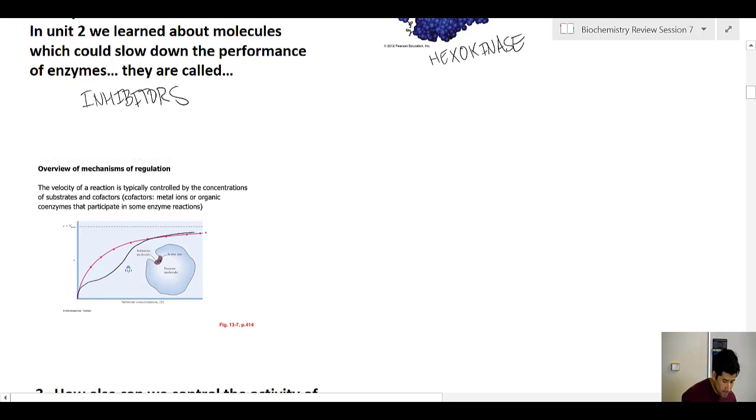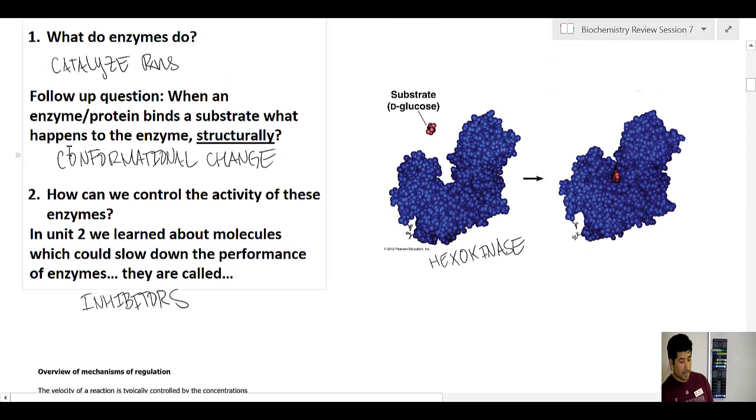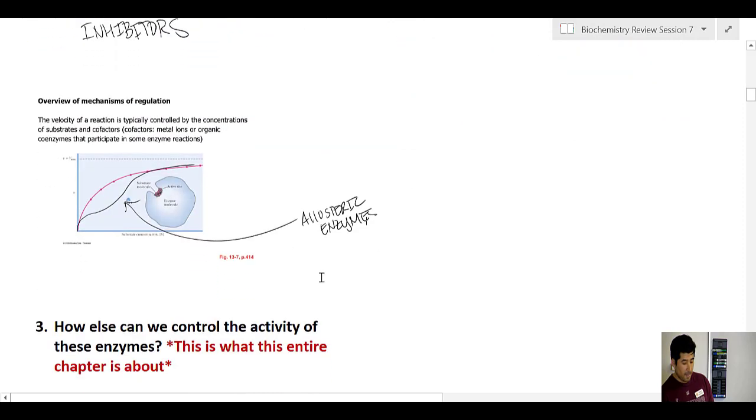And this is what again? These are allosteric enzymes. All right, and what we just talked about, conformational changes, this is the big thing that you guys got to know about allosteric enzymes. It's the key reason why allosteric enzymes behave the way they do.